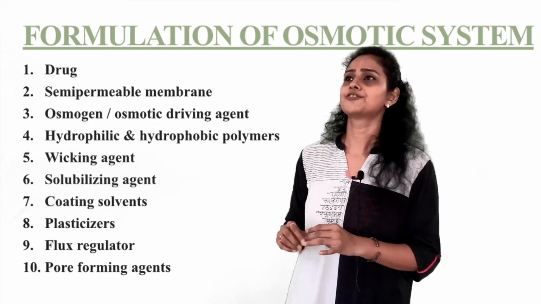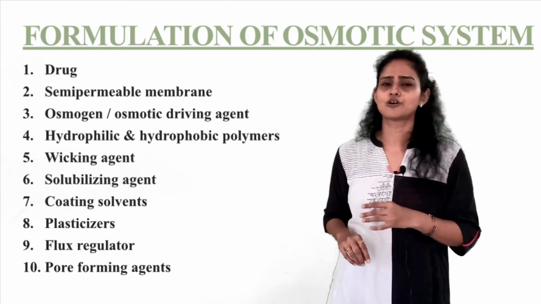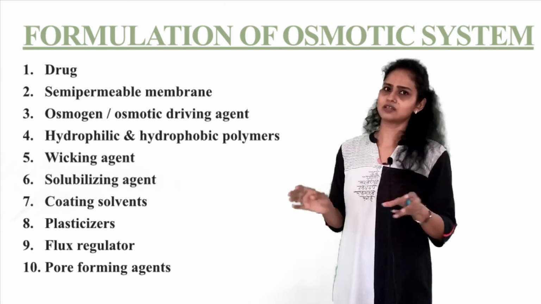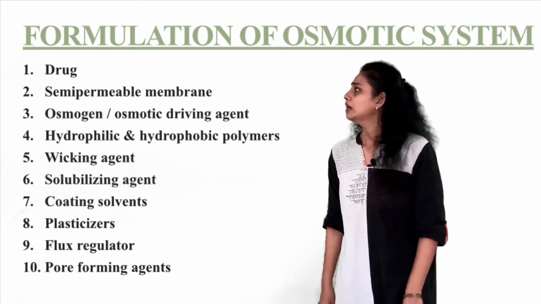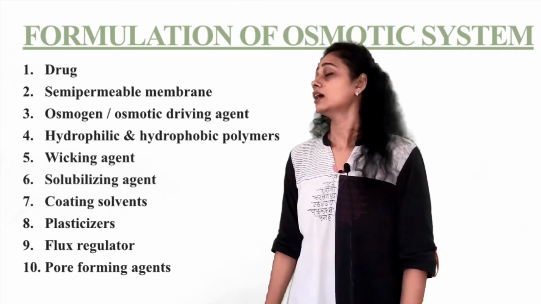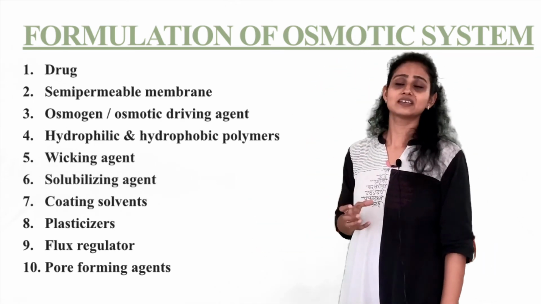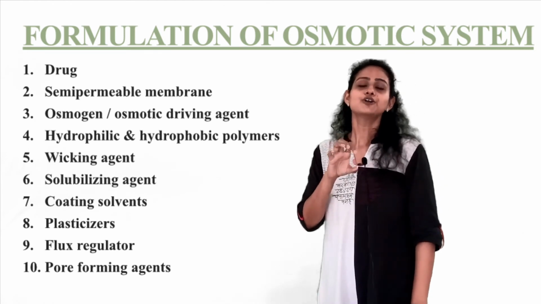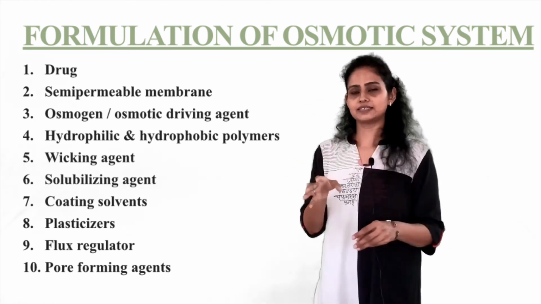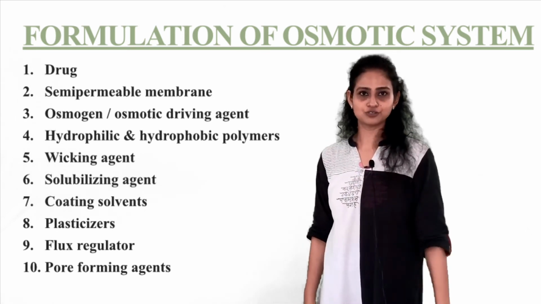If your drug is moderately water soluble or very poorly water soluble, then you can add hydrophilic agents and adjust the solubility. The next agent is the wicking agent. Wicking agents have the ability to draw water inside the system. They are essential when your drug is poorly water soluble.